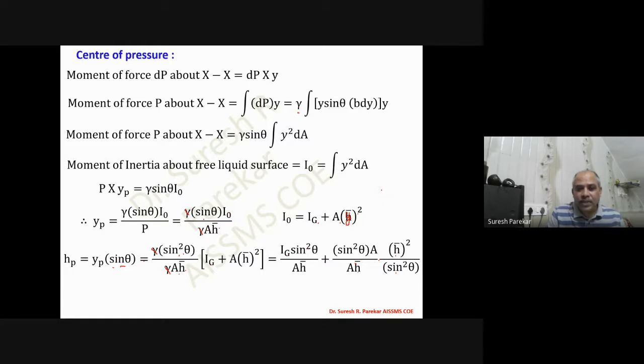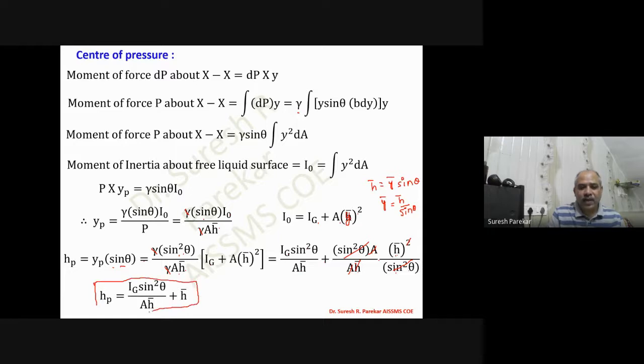So we have this value h bar equal to y bar sine theta, and y bar we will get as h bar upon sine theta, and we get this value h bar square divided by sine square theta. And this A already we have taken over here, and then this A gets cancelled, one h bar gets cancelled, sine square theta gets cancelled, so we have h bar plus IG sine square theta upon A h bar, and this we will get for a surface making an angle theta with the horizontal.